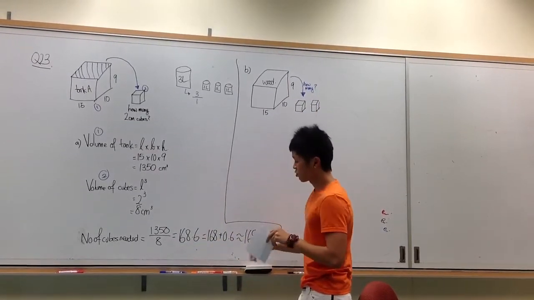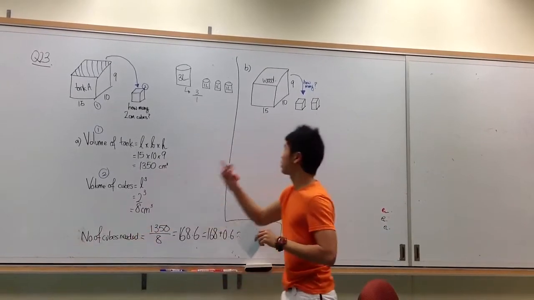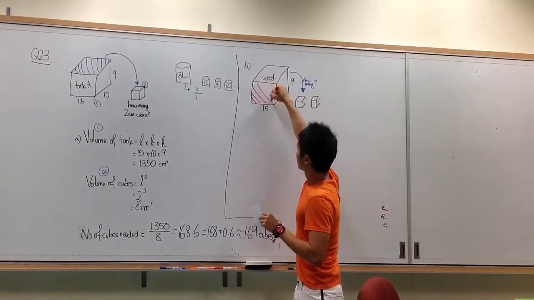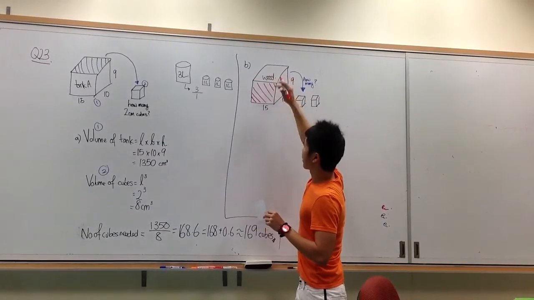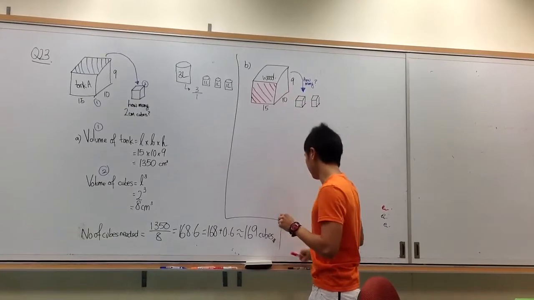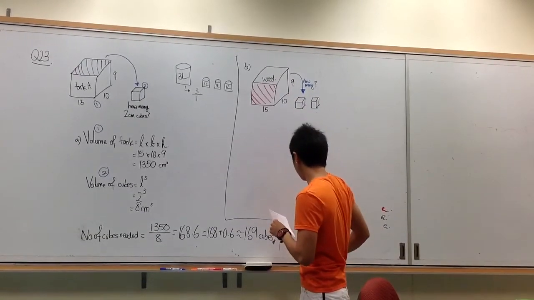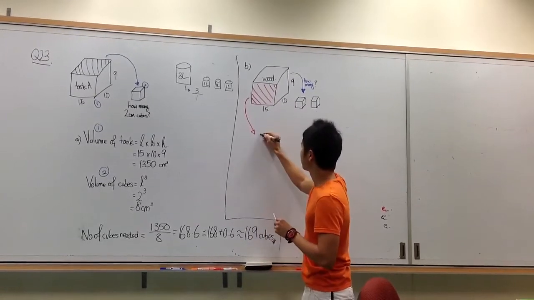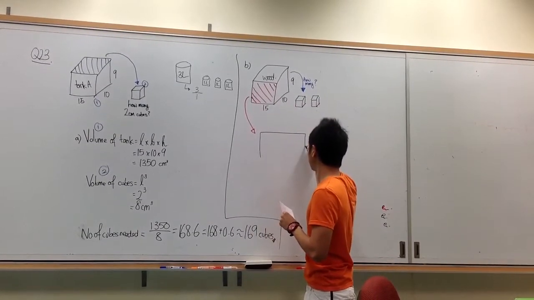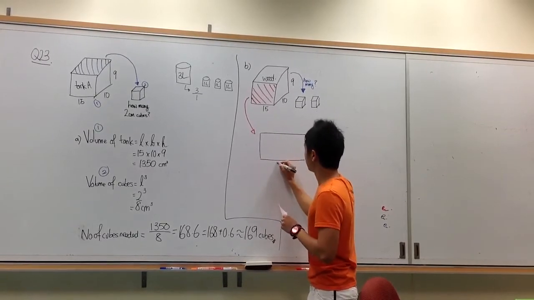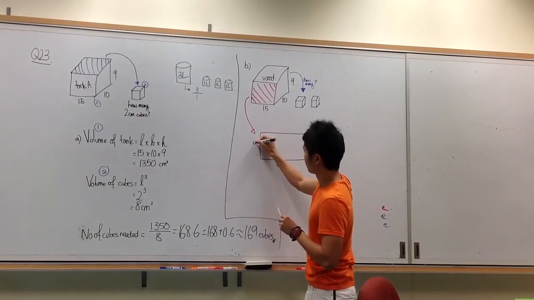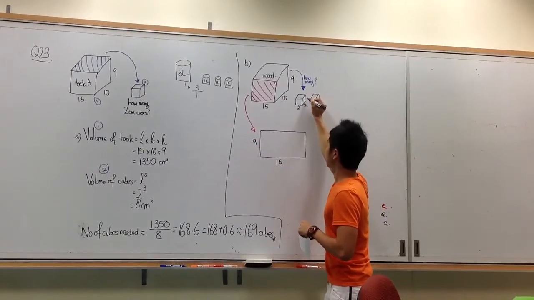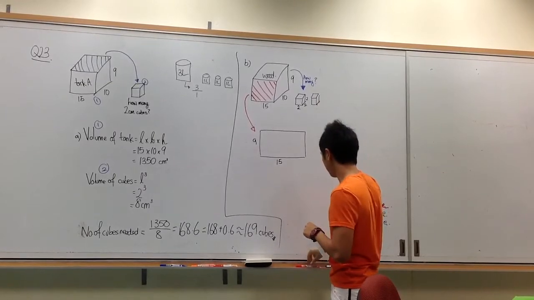So you want to make this into small cubes, measuring 2 cm by 2 cm by 2 cm. The first step that you should do, because it might be hard to visualize, you just take this side first. The rectangle measuring 15 by 9. We can redraw this. Similarly, for your 2 cm cubes, you just take one side.